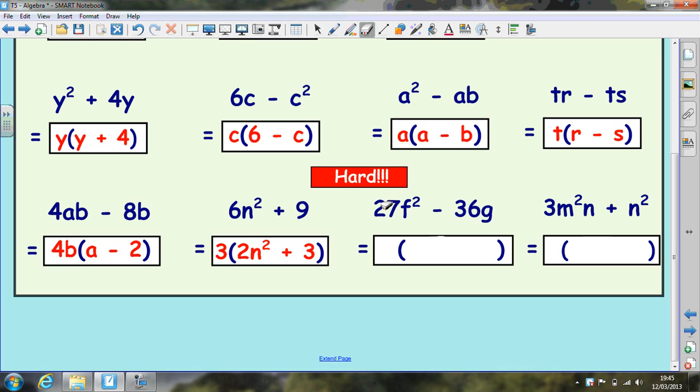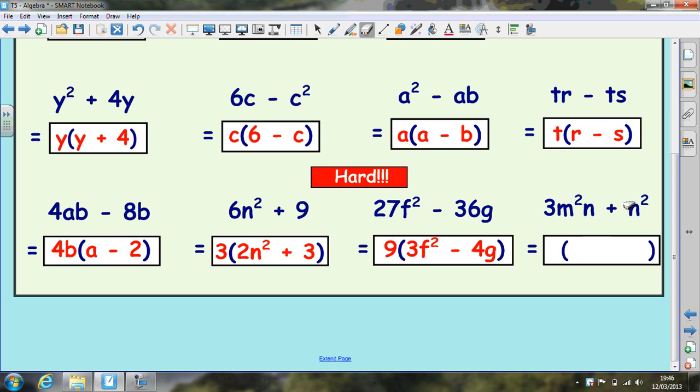Okay, biggest number that goes into 27 and 36, well, that's 9. There's no letter common to both bits, so we can't do anything with that. 9 times 3 makes it 27, and 9 times, we need an f squared there to give your f squared here. Take away, 9 times 4 is 36, and we need the g there to make the 36g.